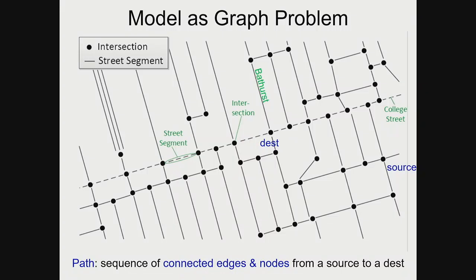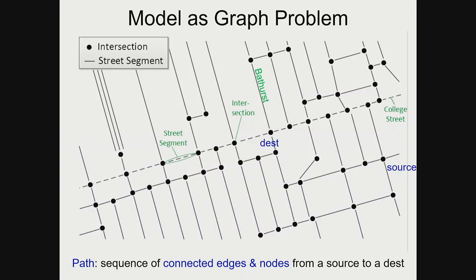Similar to how the city is modeled as a graph, we're going to use this graph to try and find that minimum travel time path. Remember, we are modeling the city with the nodes as intersections, and the edges are the street segments connecting those intersections.